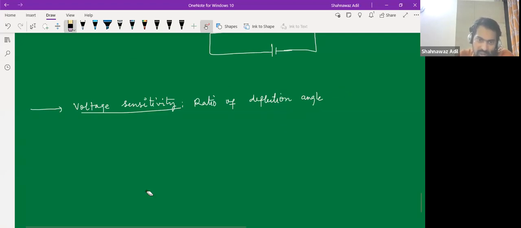So deflection angle with voltage. So this phi is what?